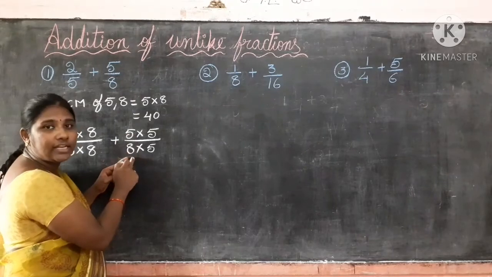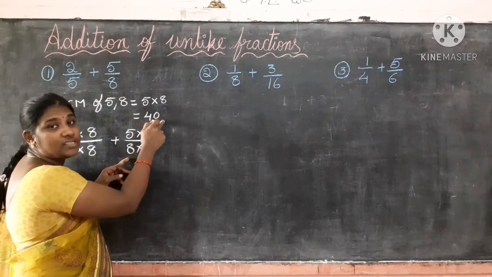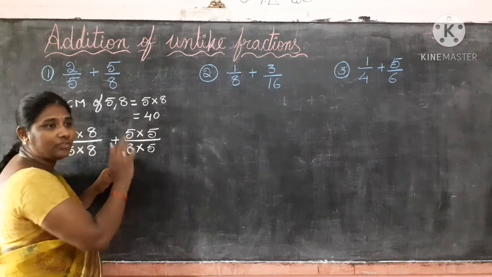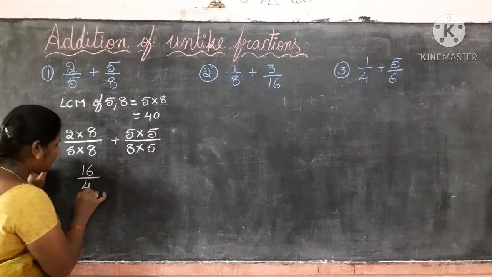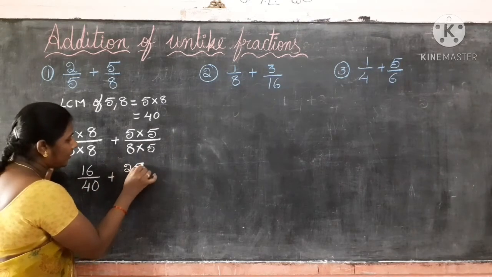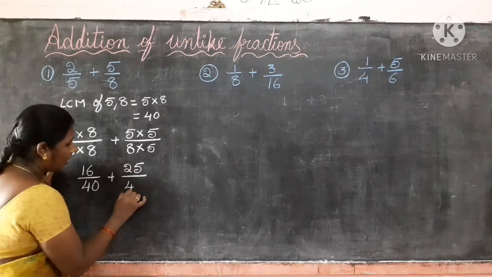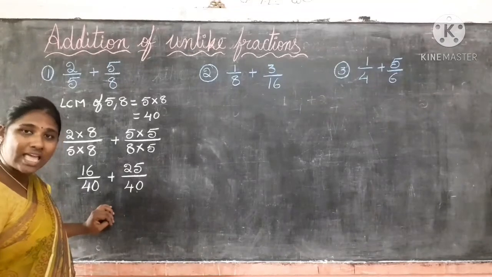In this, what is the denominator? 8. This 8 times, how many times does 40 come? 8 5s are 40. So we multiply both with 5. So 2 8s are 16 by 5 8s are 40, plus 5 5s are 25 by 8 5s are 40. So the denominators are the same. Now these two are converted into like fractions.